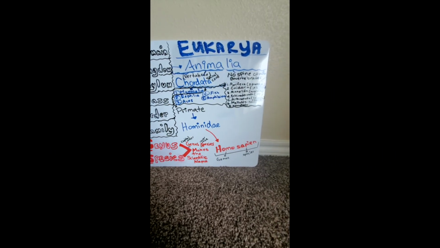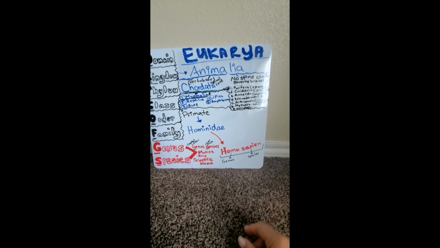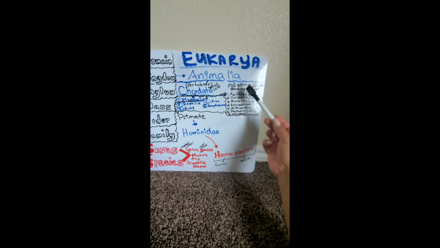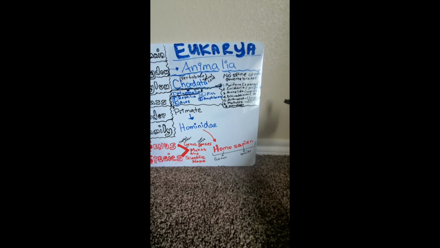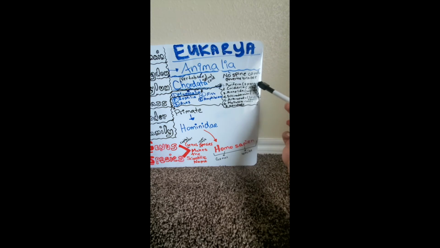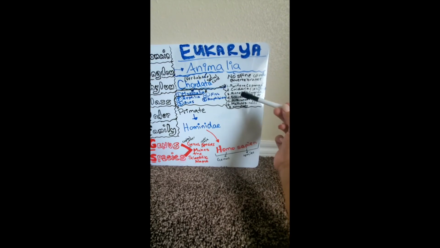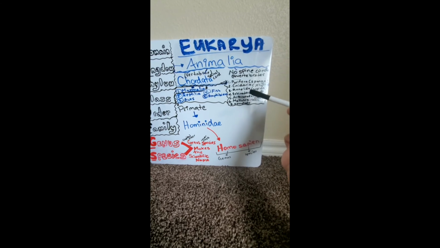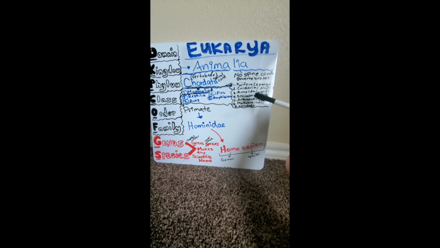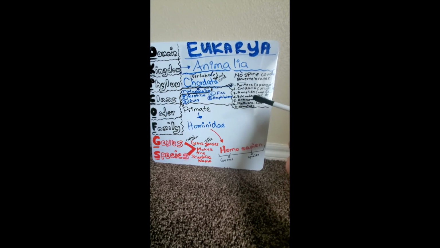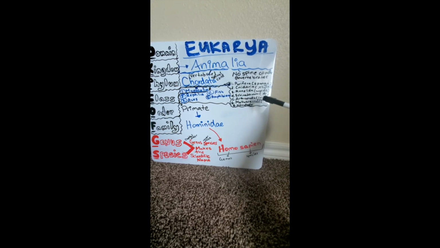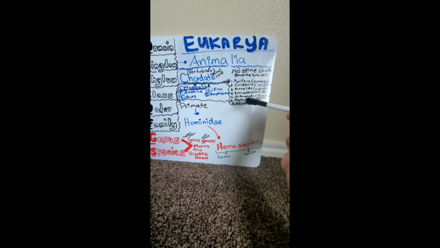If they don't have a spinal cord, then their phylum can include things like Porifera. Porifera are like sponges that live in the ocean. Or Cnidaria. Cnidaria has the C that's silent, and that's jellyfish. Or Annelida. Those are worms. Echinodermata are starfish. That's why I drew a little star.